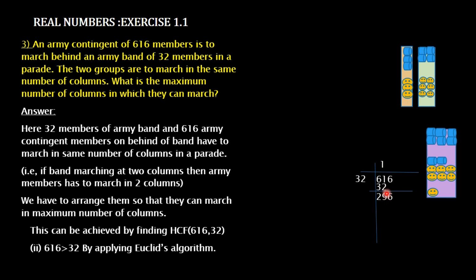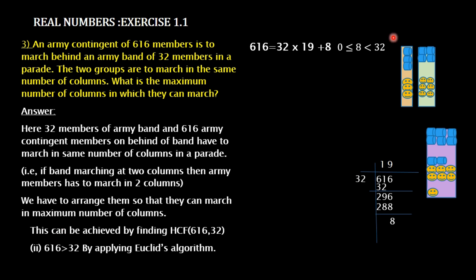If we take 32 times 9, that is 288. Then what will be our remainder? 8. So we can write this in Euclid's division lemma form: 616 equals 32 into 19 plus 8, where 0 is less than or equal to 8, which is less than 32.